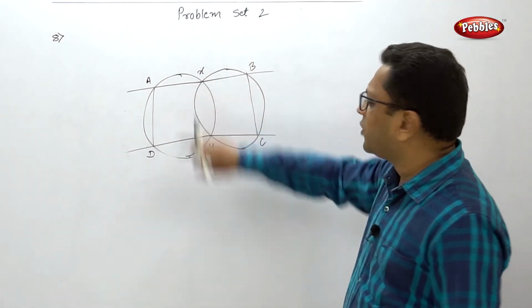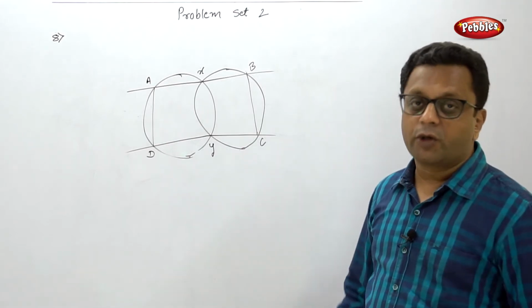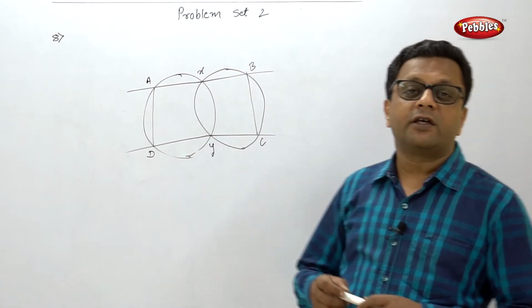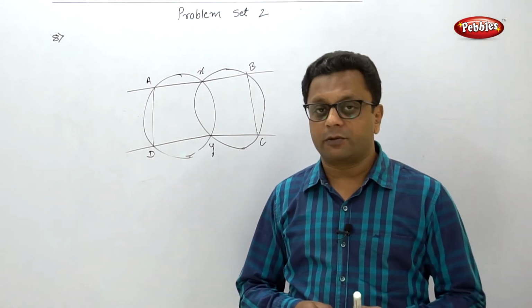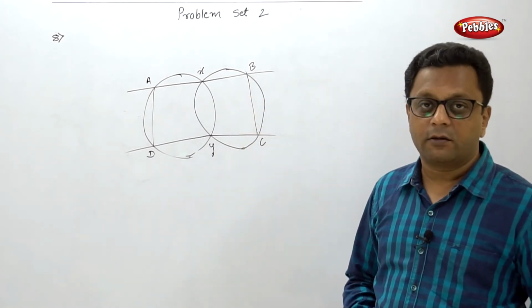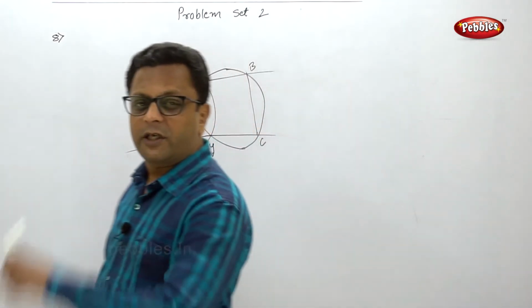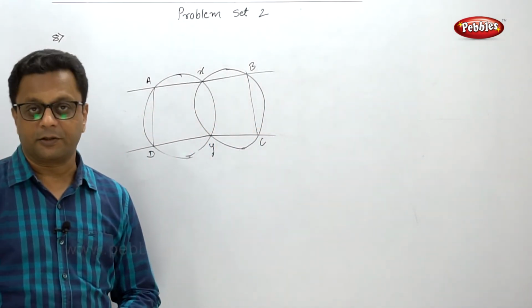Means the names of the points and the names of the angles will change. But you should have practice of drawing the figures correctly from the description, because here it's okay, but in some other figure you will totally miss the figure and totally miss the answer.